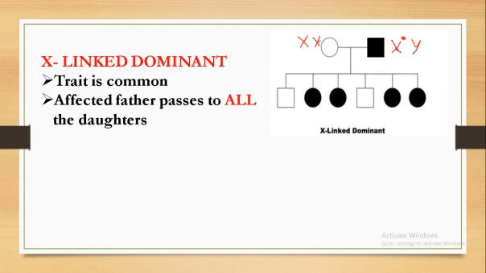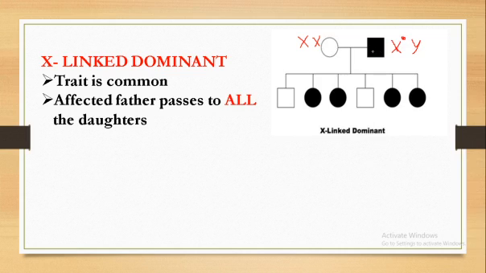She has recessive alleles for the gene of this character, whatever it may be, so she is without the trait. The father has the trait and is expressing that character. Why? Because the father has the dominant form of the gene in his X chromosome. The other one is Y.